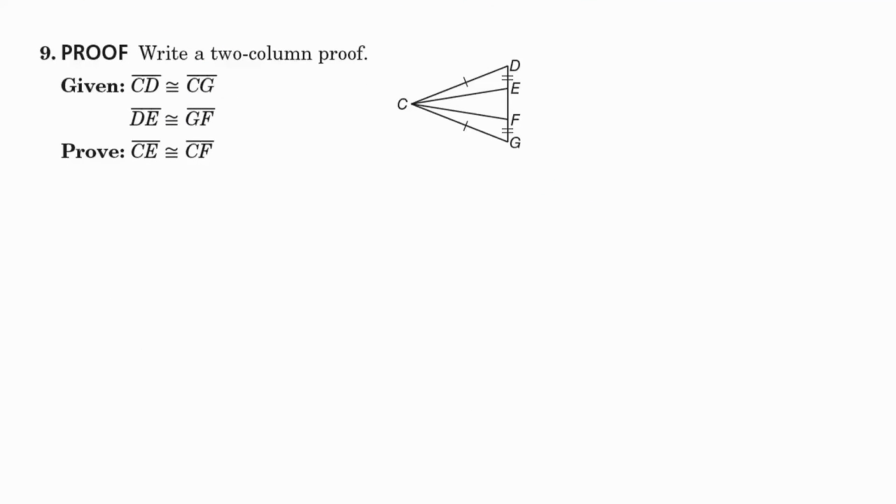Remember, when we do a proof, the first thing is to write down the given, draw a diagram if they don't give you a diagram, and then mark the diagram. In this problem, they have already marked the diagram for us, so let's go ahead and write the given down. CD is congruent to CG. DE is congruent to GF.